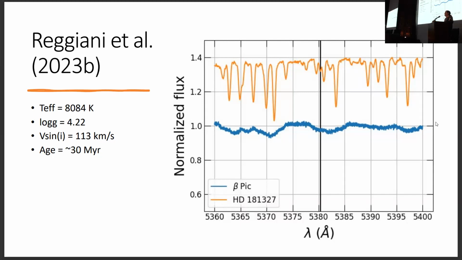You just can't measure atomic features. And to this day, there is no oxygen measurement in Beta Pic at all. So this means that people analyzing Beta Pic b, the planet around Beta Pic, so far had to rely on the assumption of solar abundance, just because we can't measure them in Beta Pic.